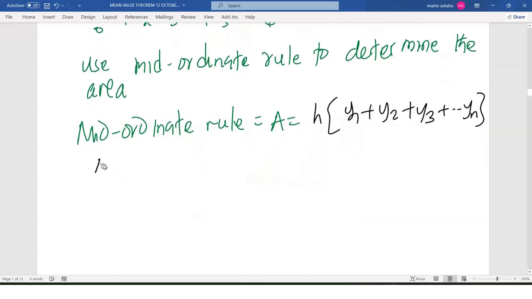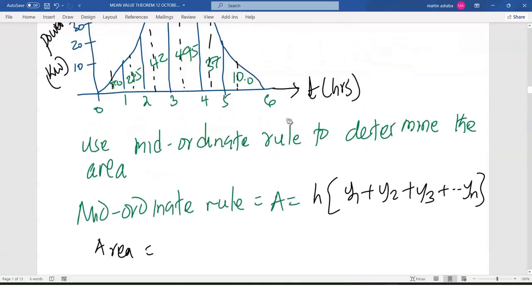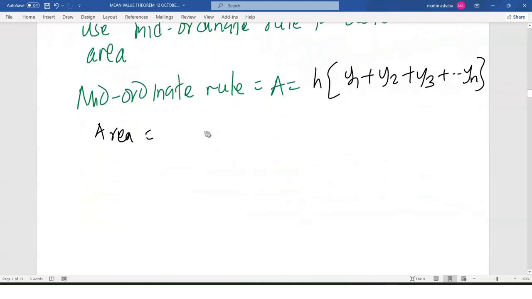The width of each sub-interval is constant: 6 minus 5 is equal to 1, 1 minus 0 is equal to 1, 3 minus 2 is equal to 1. So it is a constant, and therefore it is equal to 1.